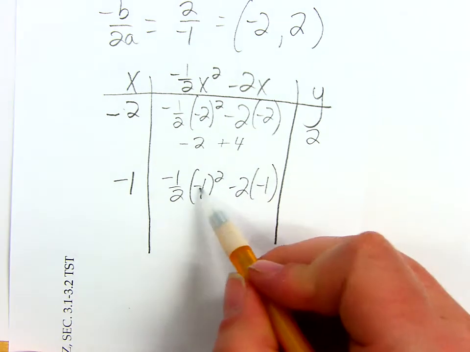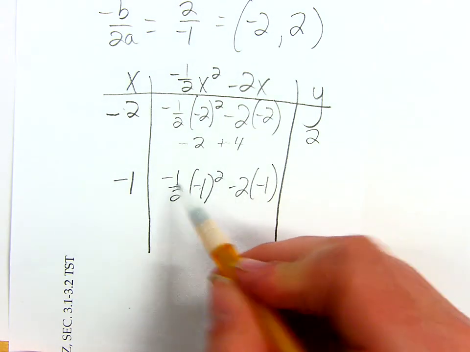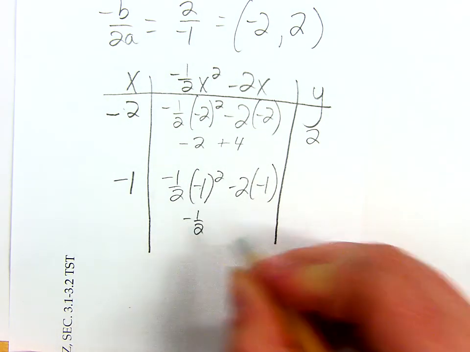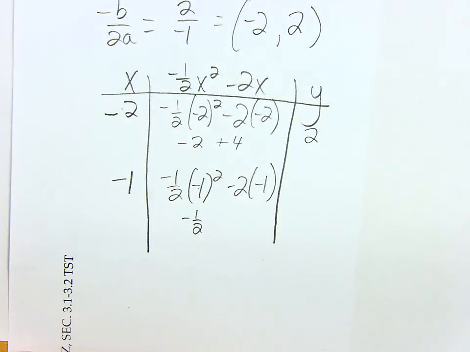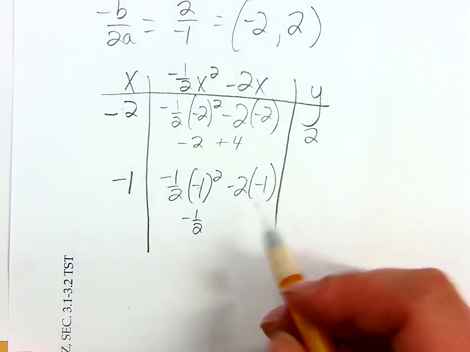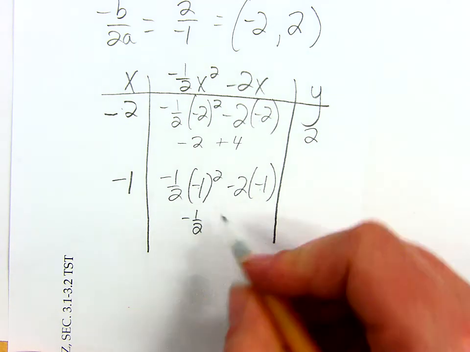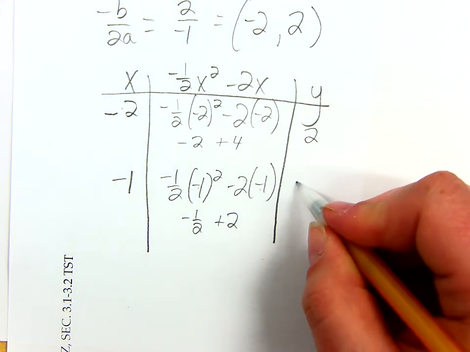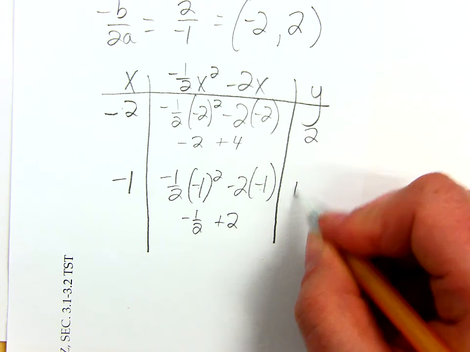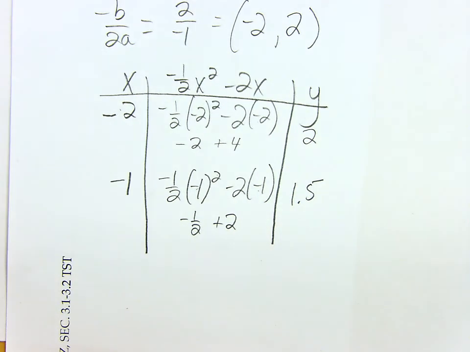Okay, be careful. Negative 1 squared is 1 times the negative 1/2 is negative 1/2. Negative 1 squared means negative 1 times negative 1, the opposite of 1 squared, correct. Negative 2 times negative 1 is a positive 2. What's negative 1/2 plus 2? 1.5, right?